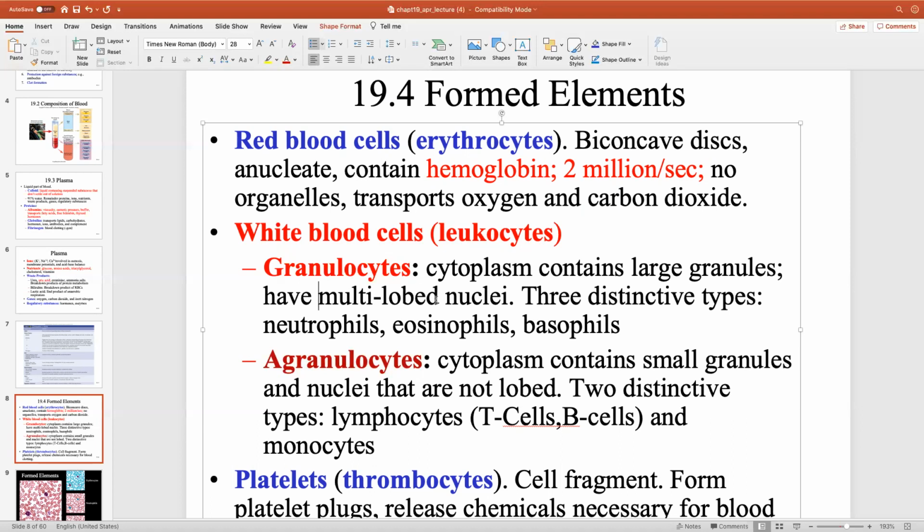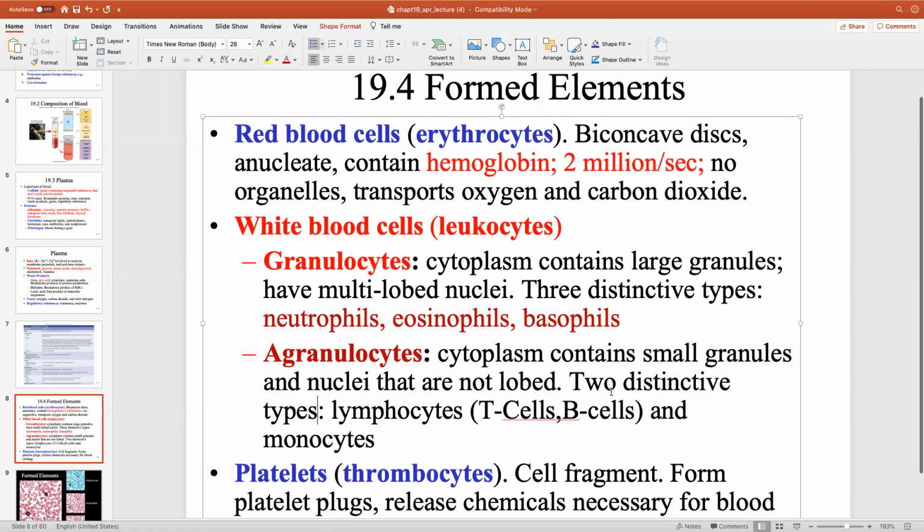So in order to kill it, it's going to release enzymes that will start puncturing holes into the microbe. So these granules are incredibly important. There are 3 distinct types: neutrophils, eosinophils, and basophils. And you need to know which one is for what, and we'll talk about that in a second.